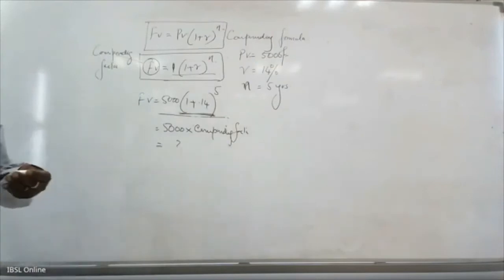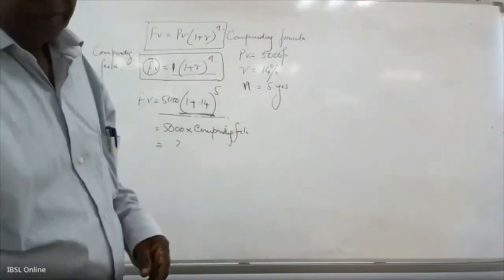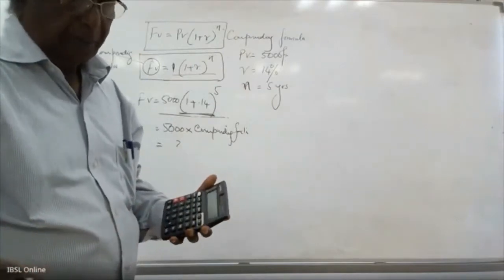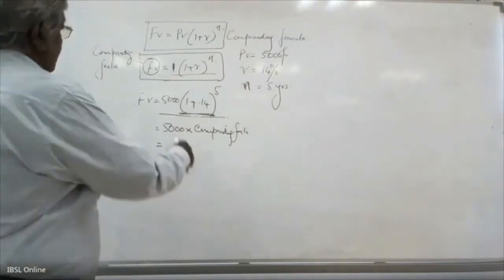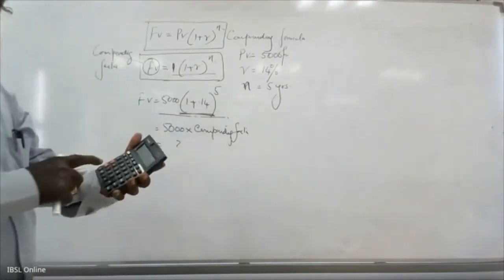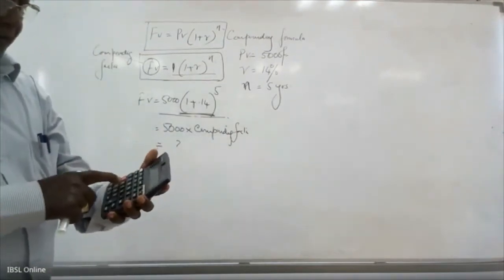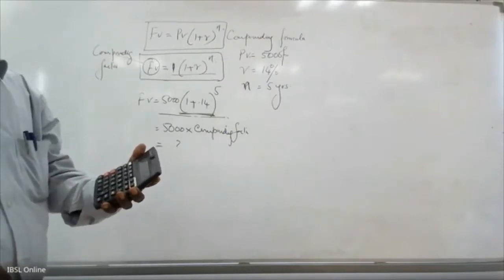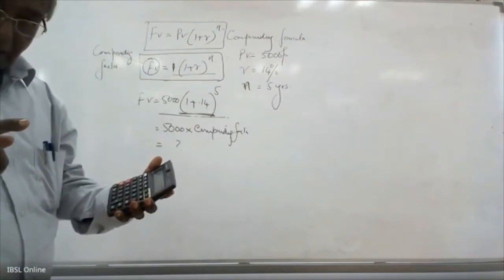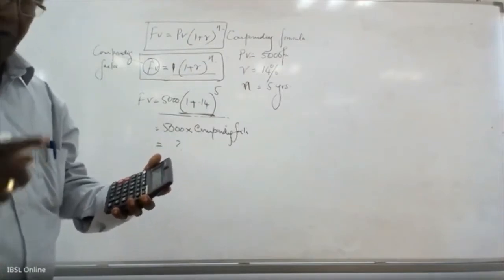Without using the compounding table, how can we do it? So this is 1 plus 0.14, which is equal to 1.14.